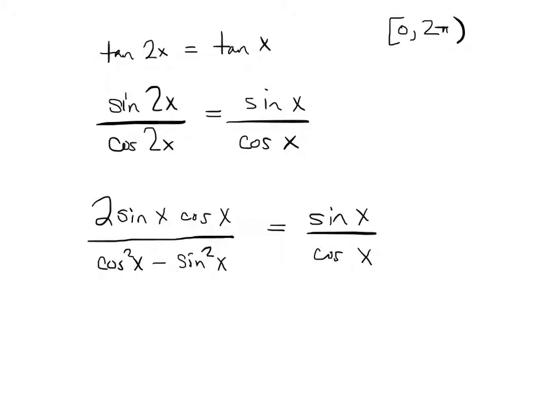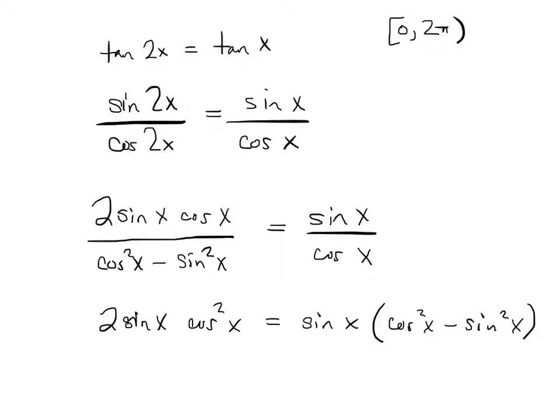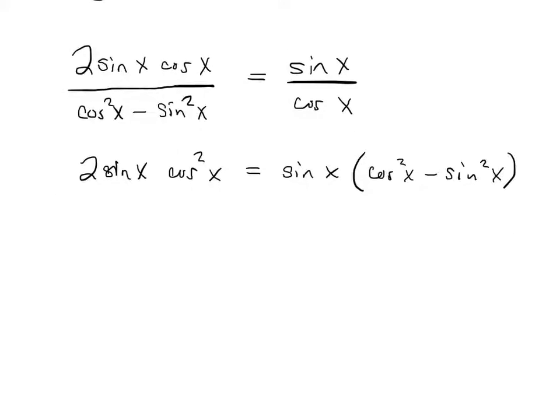Let's cross multiply. 2 sine x cosine squared x equals sine x times cosine squared x minus sine squared x. It is tempting to cancel the sine x.